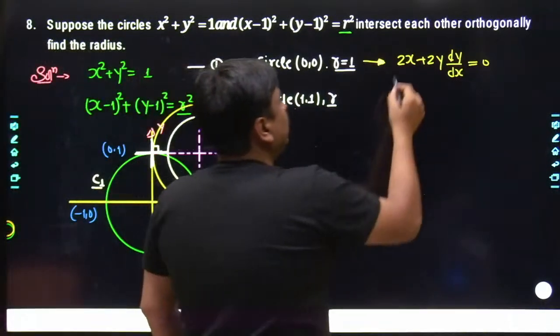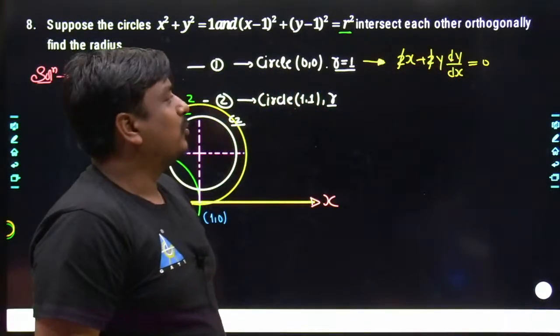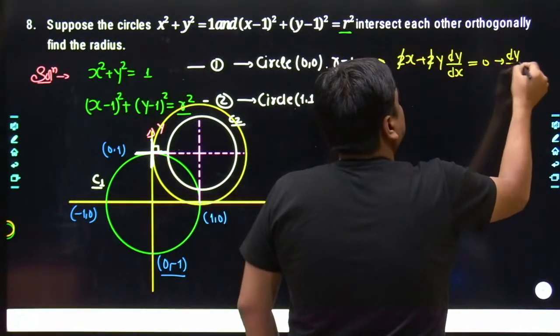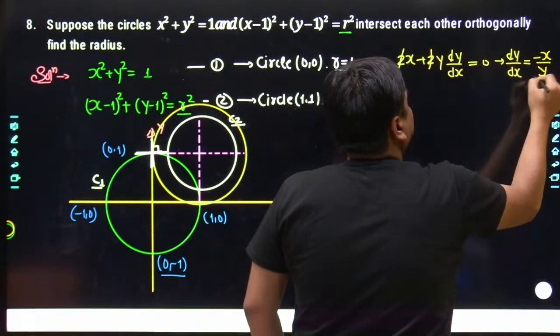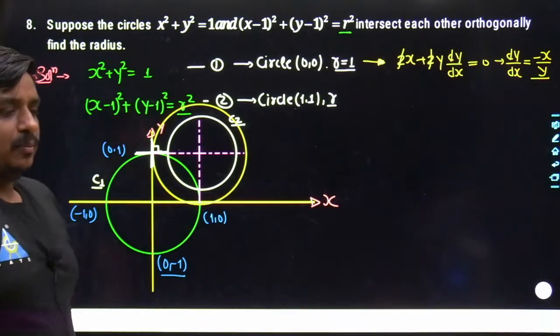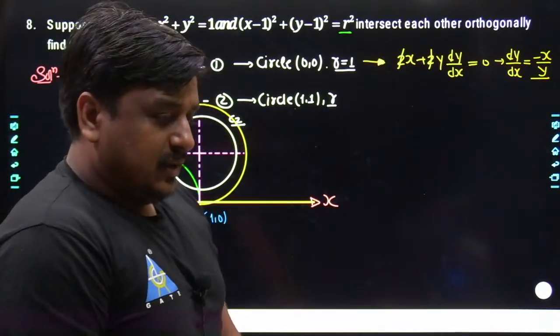Now the 2 is common on both sides and can be cancelled, so the right-hand side would be 0. So the value of dy by dx is minus x divided by y. So find the tangent, then apply the angle.